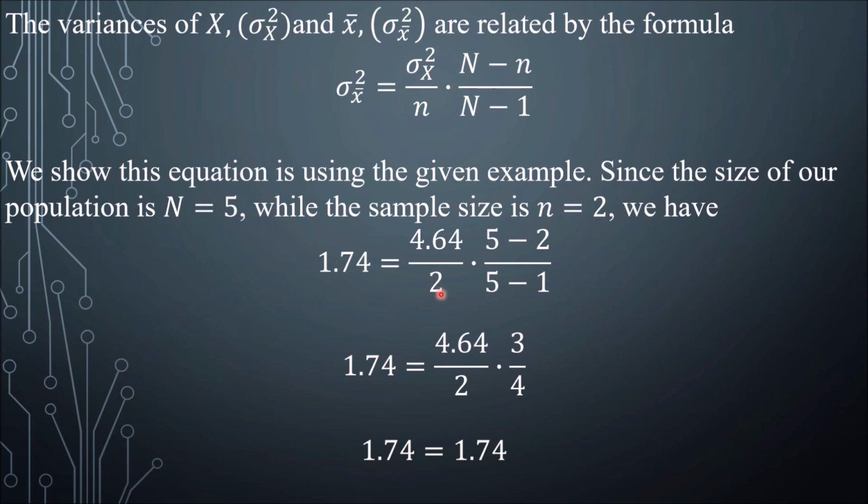So over 2 because there are 2 bags for the sample, 5 minus 2, where 5 is the number of bags, divided by 5 minus 1. Now as you can see, 1.74 is approximately equal to 1.72. So that's how the variances of x, number of marbles, and the sampling distribution are related.